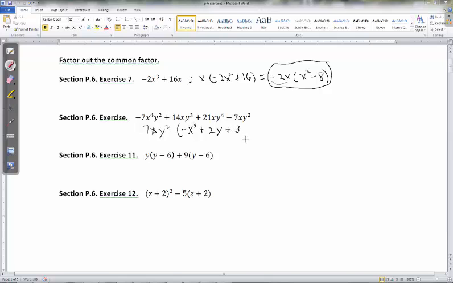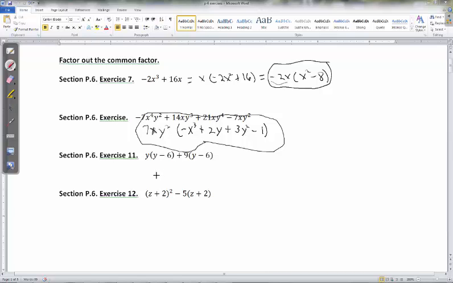Took away an x, took away 2 y's, so I should have y squared. And this one, we divided by the entire term, so don't think this should be 0, because remember, we divided by it. So if you divide something by itself, it is still going to be 1. And we're good. That is the answer right there.